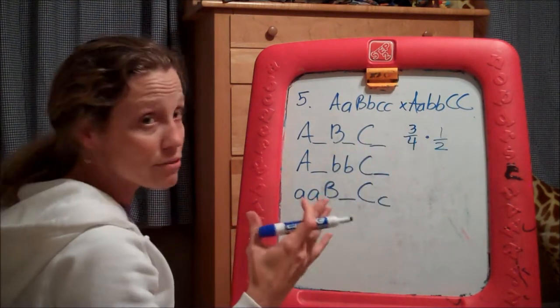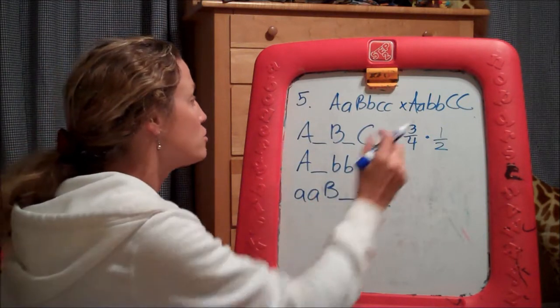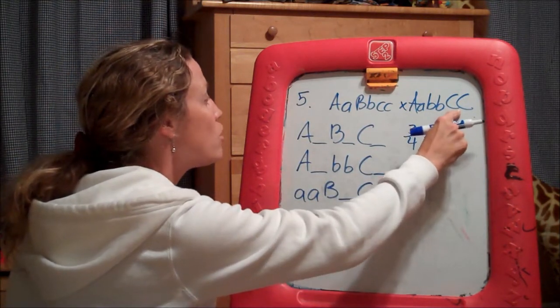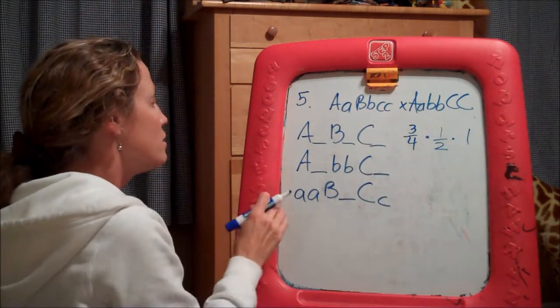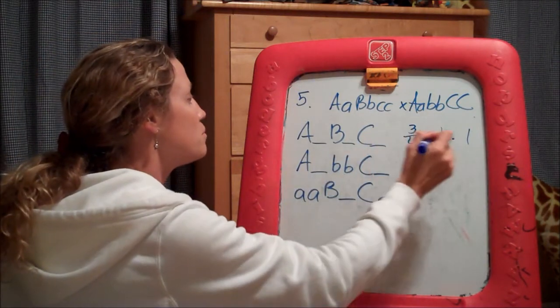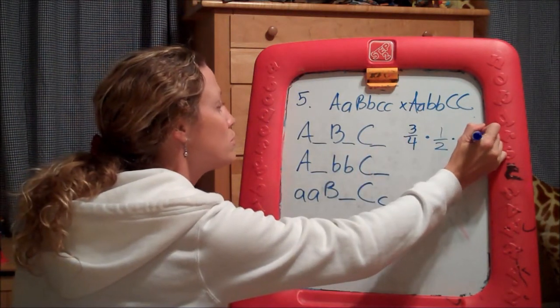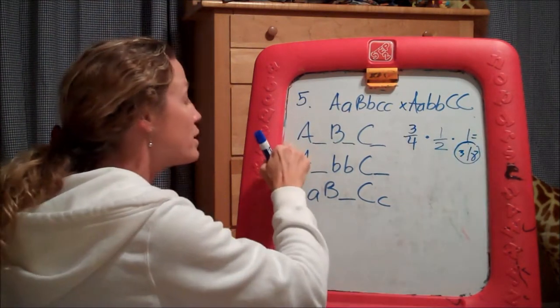And again, if you have to do Punnett squares to get more comfortable with this as you go, then go ahead and do it. And then C's, all of these are going to have a big C in something, so that's going to be a 1. Alright, so that's going to multiply out to 3/8 for that one example.